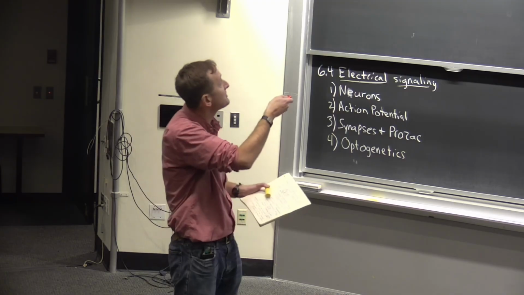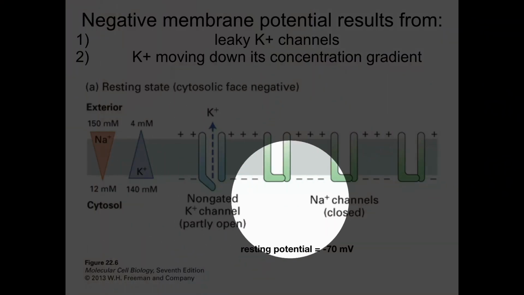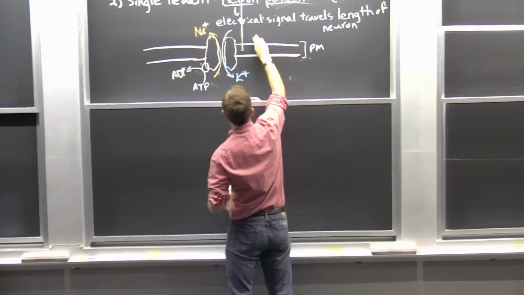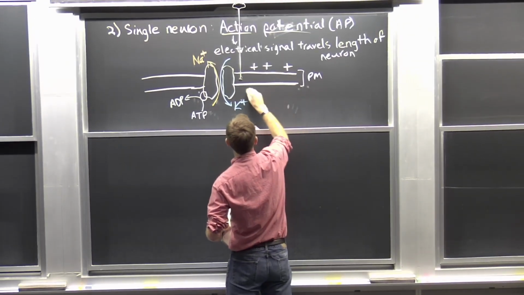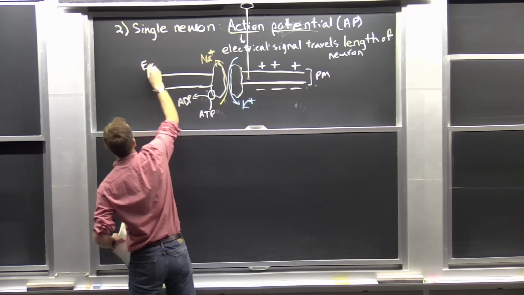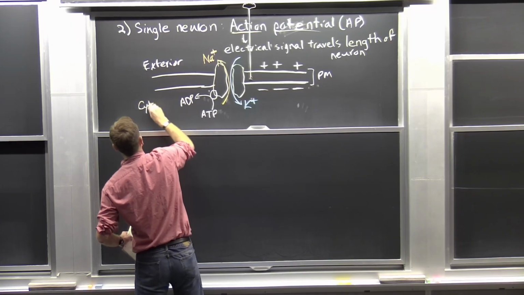And if you have positive charges going out of the cell, then the inside of the membrane is going to have a net negative charge, and the outside of the membrane is going to have a net positive charge, okay? And this charge across the membrane, where you have positive on the outside and minus on the inside, I should label this exterior, and this is cytoplasm.